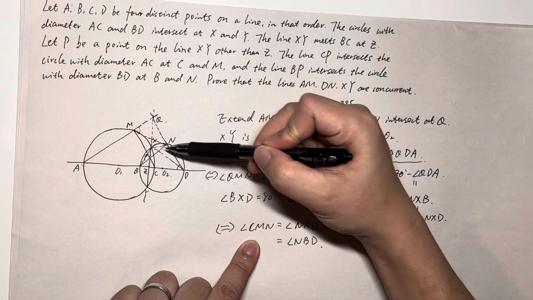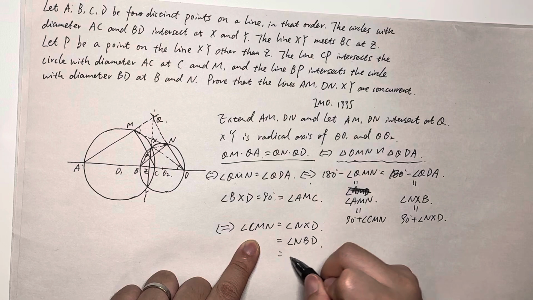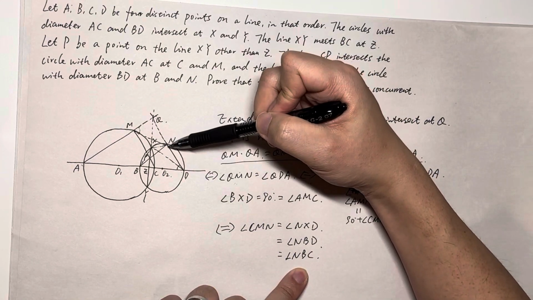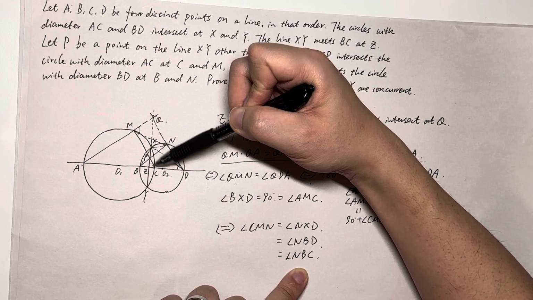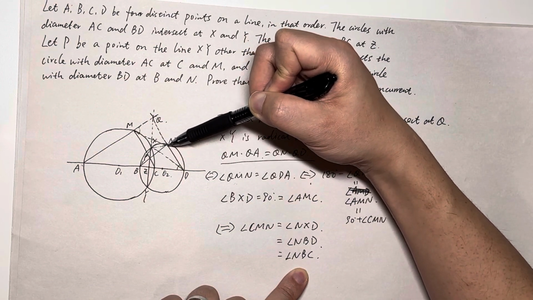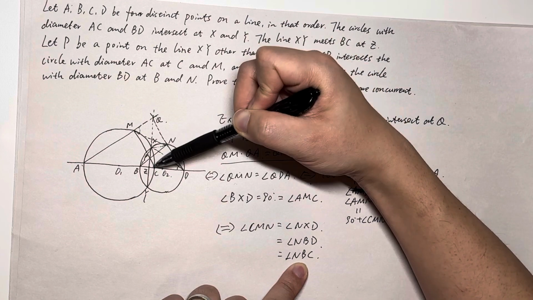Angle NBD is angle NBC, right? So we want to prove angle CMN equals angle CBN, right?